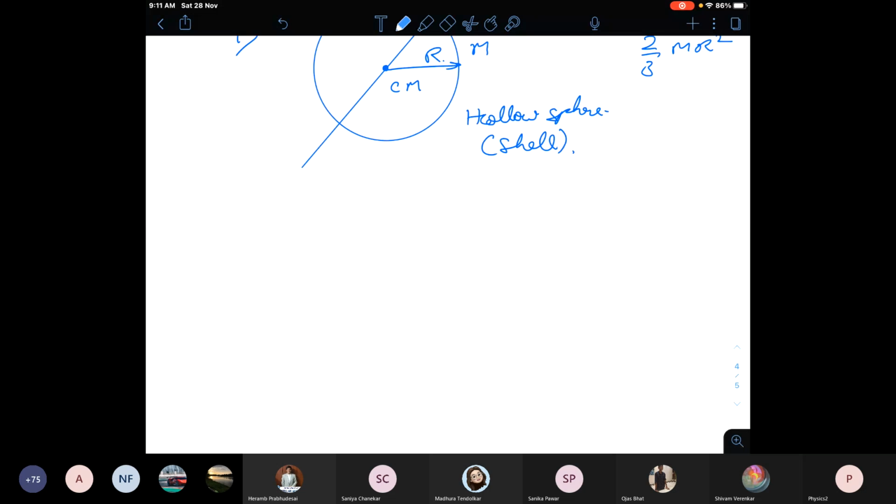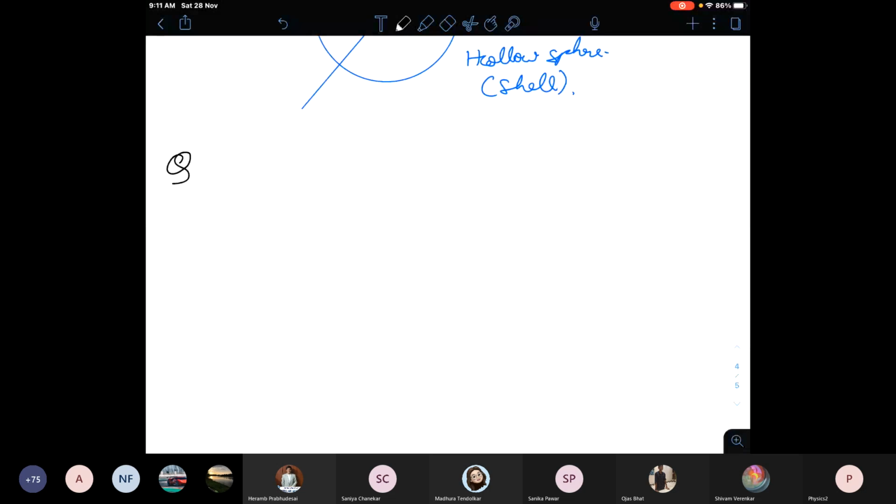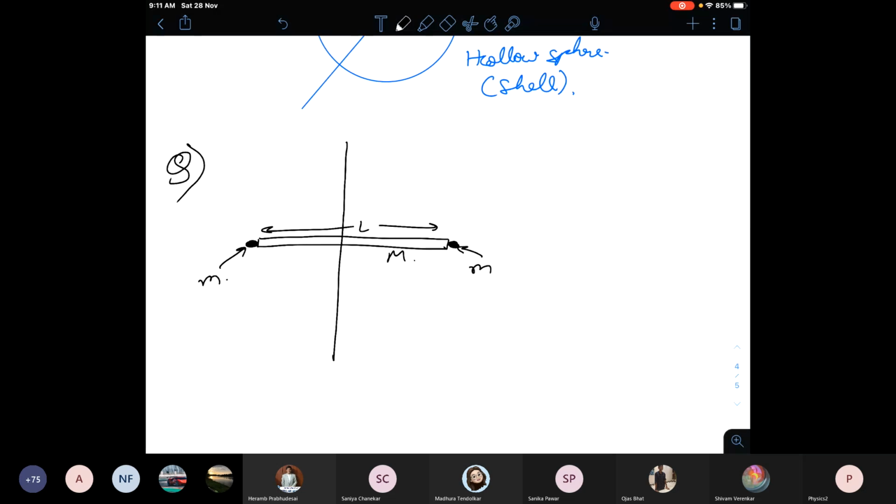Next is, okay, let's see a question. Let's suppose I have a rod of length L and mass is M. And at the ends of the rod, small m masses are connected.